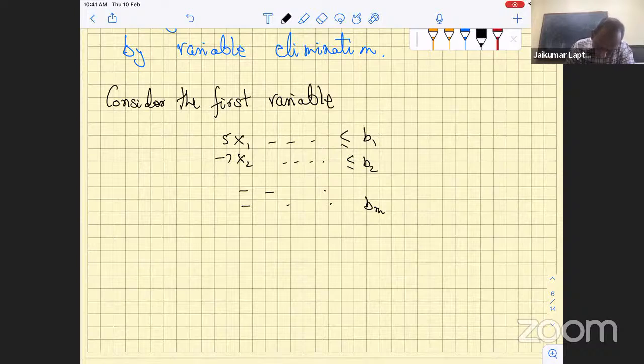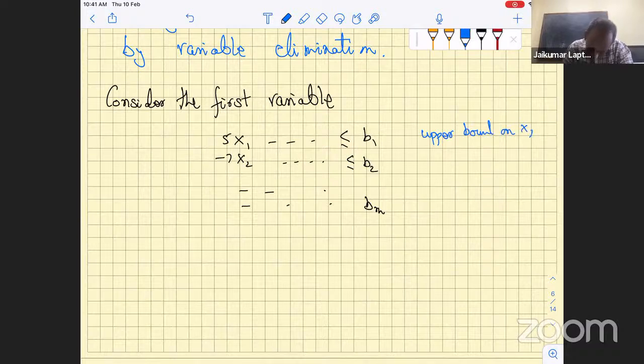For example, because the scalar 5 here is positive, I could move everything to the right and divide by 5 and obtain an upper bound on x1.